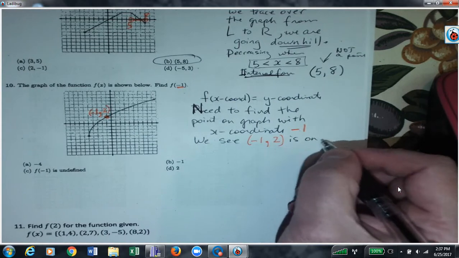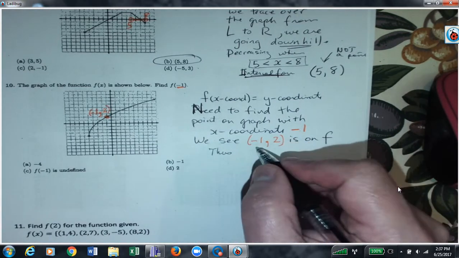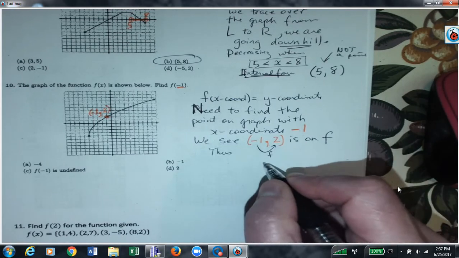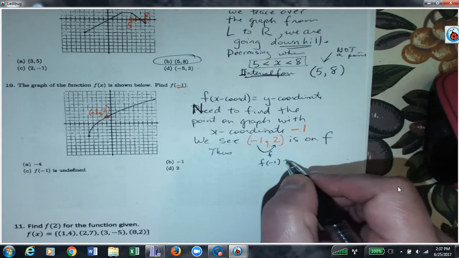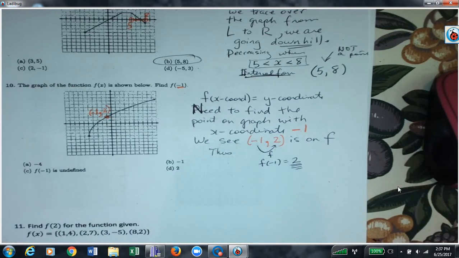So it's on the graph of f. Therefore, f maps -1 into 2. f evaluated at -1 is equal to 2. And so that is the answer that I'm looking for, 2. So the answer to number 10 is D.